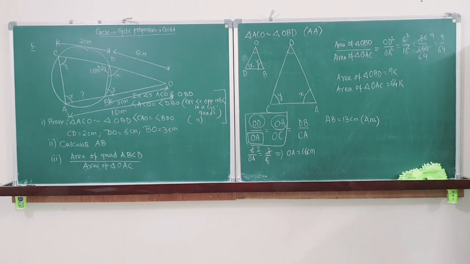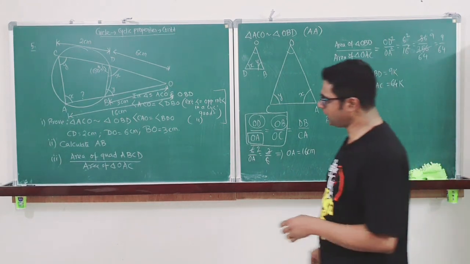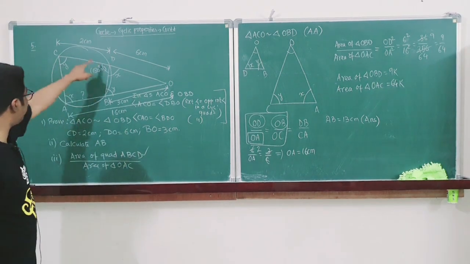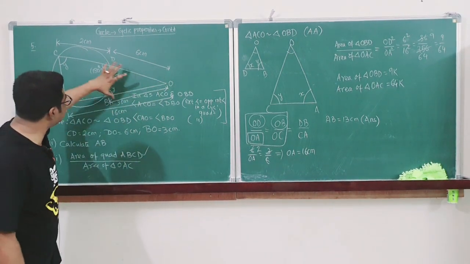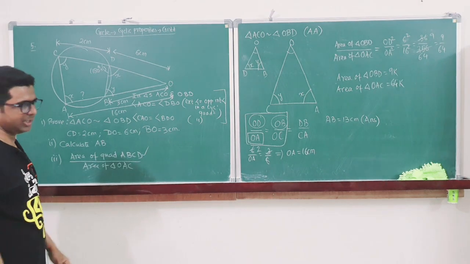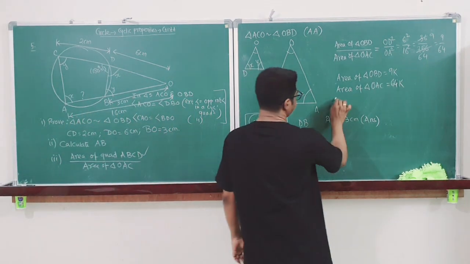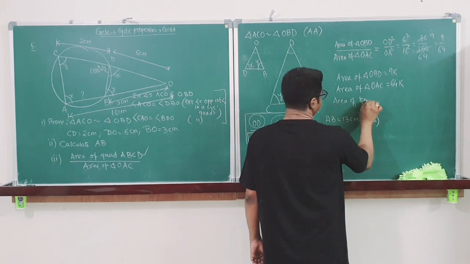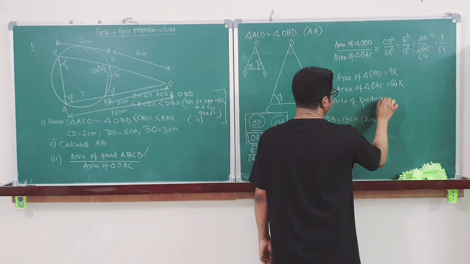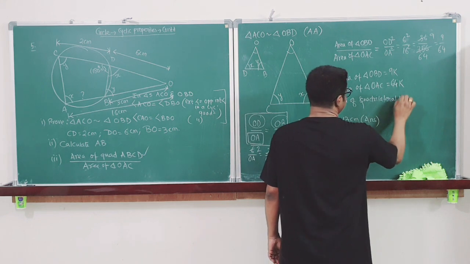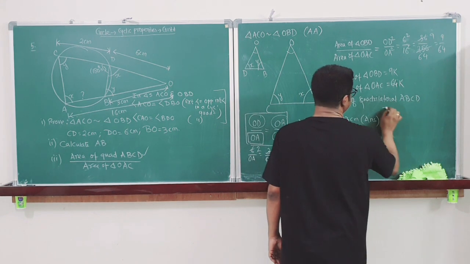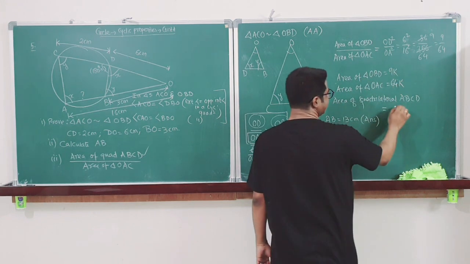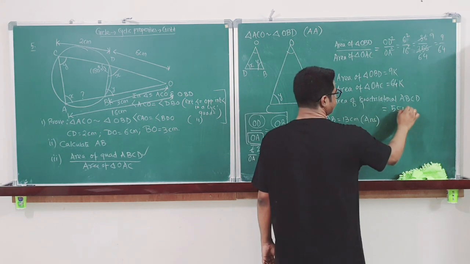Then I have to find out what is the area of quadrilateral ABCD. So area of quadrilateral ABCD is total area minus this small triangle. So area of quadrilateral ABCD is full triangle minus small triangle: 64 minus 9, 55K.